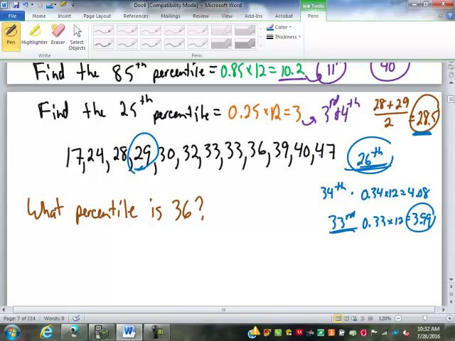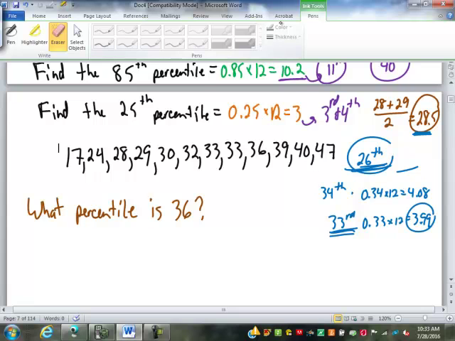So when you have a small set of numbers like this, it's not a real exact find. Just be aware that with larger sets of numbers, for example, more than 100 numbers in the list, it's going to be a lot more useful because there's only going to be one number in each percentile.